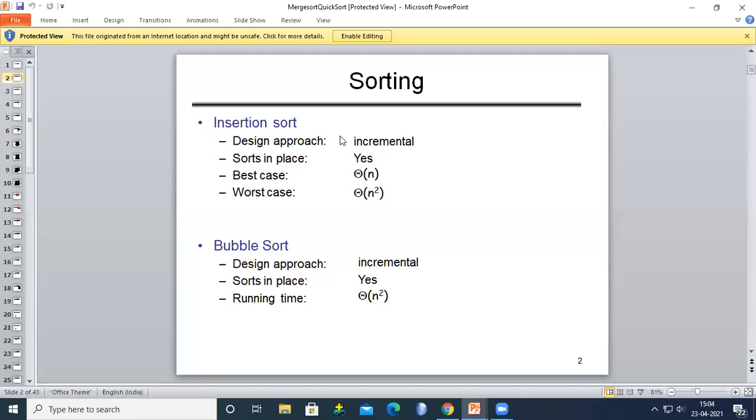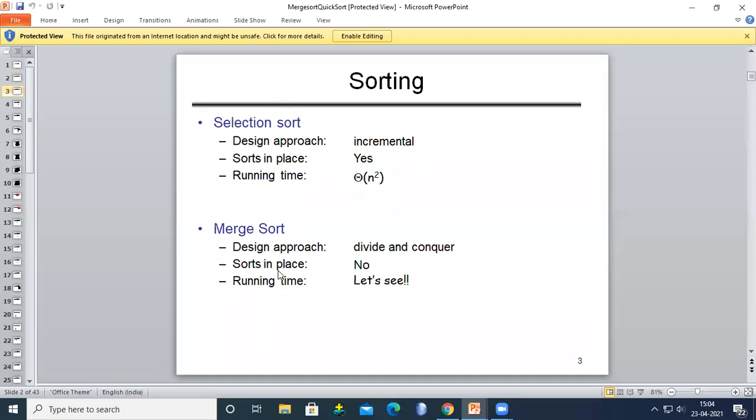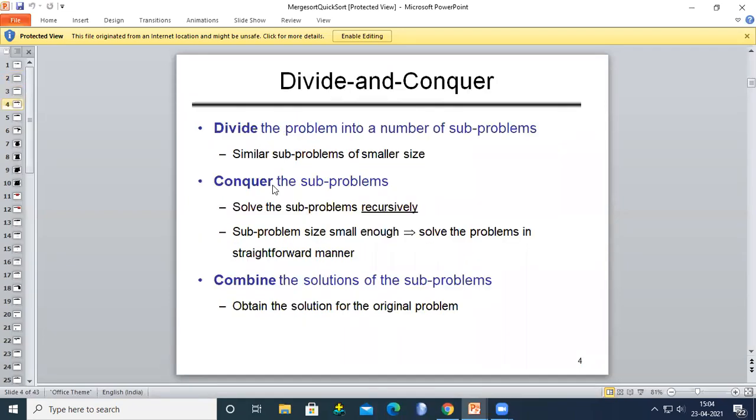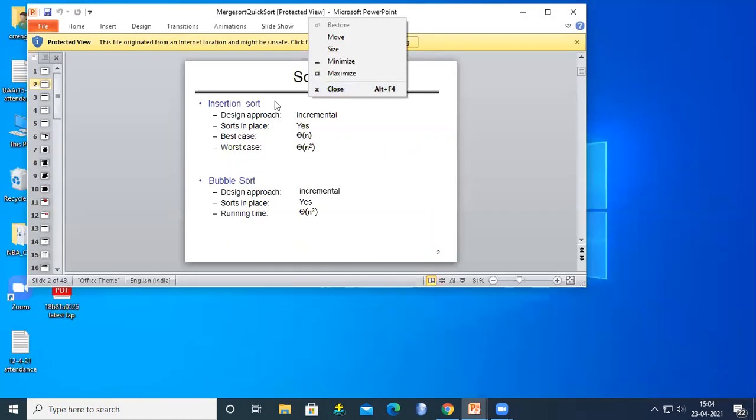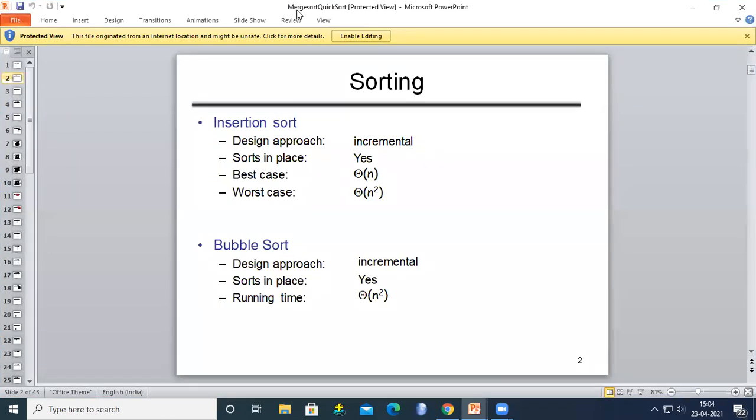We have insertion sort, bubble sort, selection sort, and merge sort. These are the different sorting techniques we have. Out of these, we are discussing some important ones.